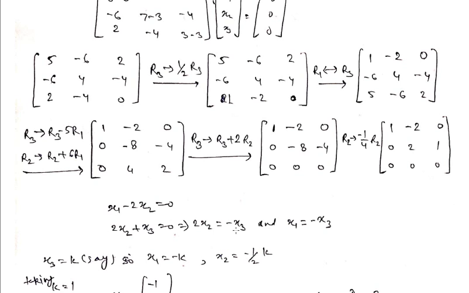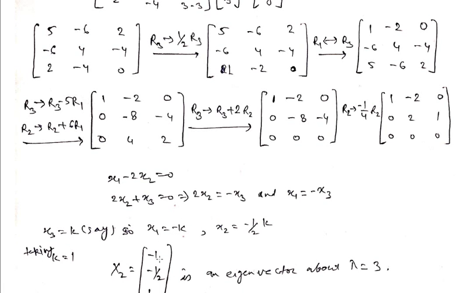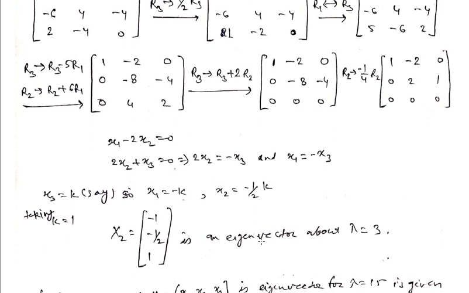From here we obtained 2x2 is equal to minus x3 and x1 is equal to 2x2, which implies x1 is equal to minus x3. Now again we choose x3 equal to k, so we get x1 equal to minus k and x2 equal to minus half k. And if we take k equal to 1, this eigenvector becomes minus 1, minus half and 1.